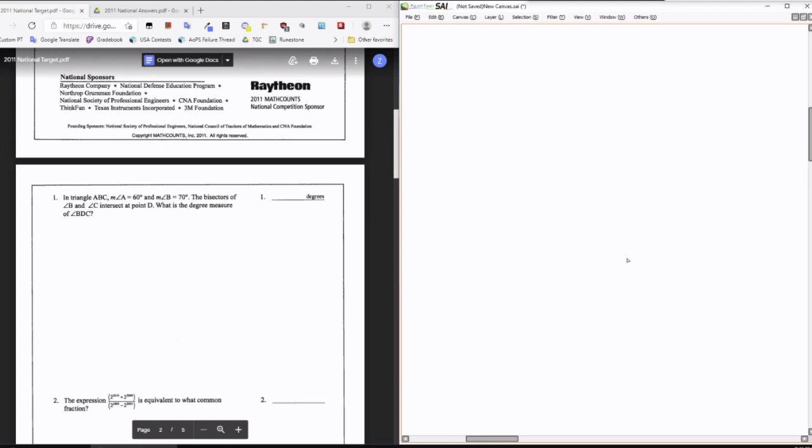Okay, so triangle ABC. This isn't going to be a good graph either, but we'll make do. A, B, C. This is 60, this is 70, and the angle bisectors are like this and like this.